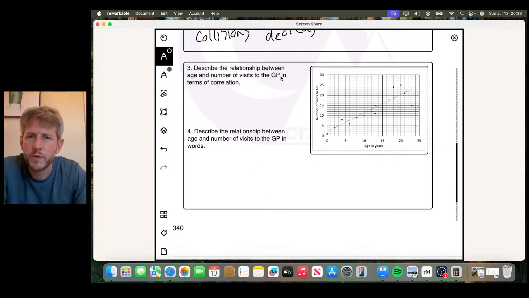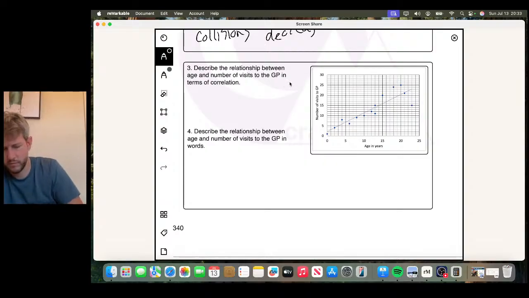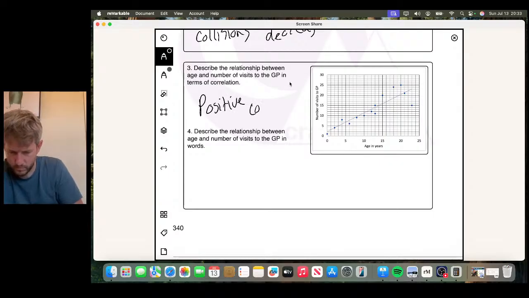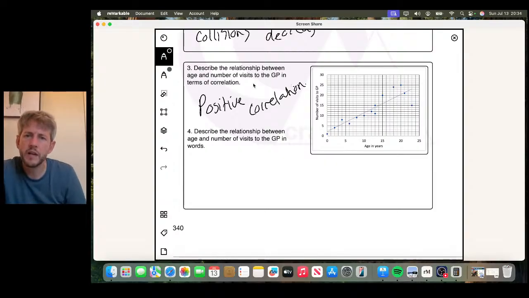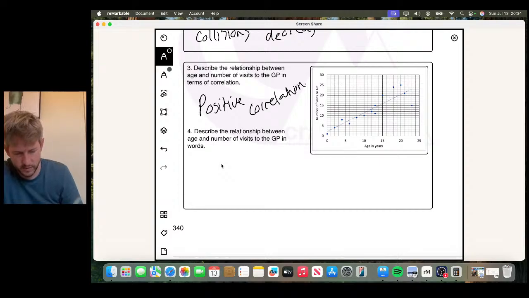Describe the relationship between age and number of visits to the GP in terms of correlation. Describe the relationship between age and number of visits to the GP in words.